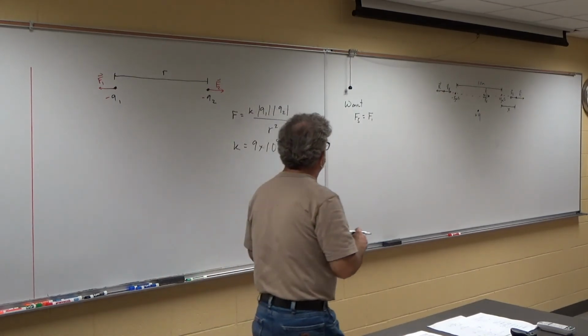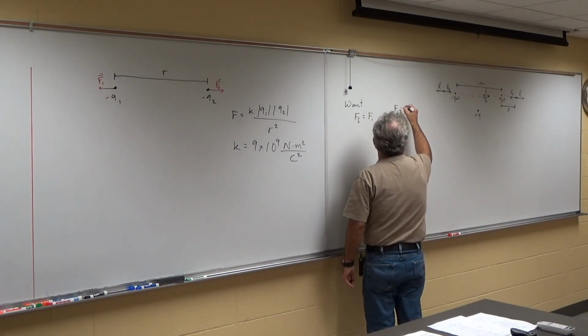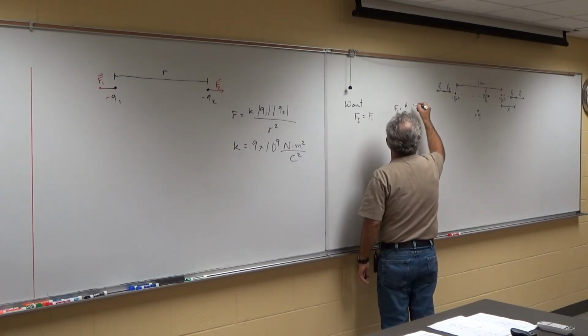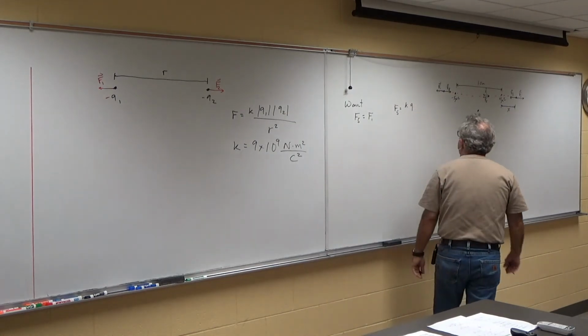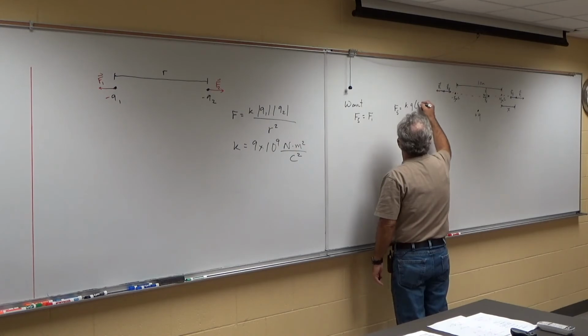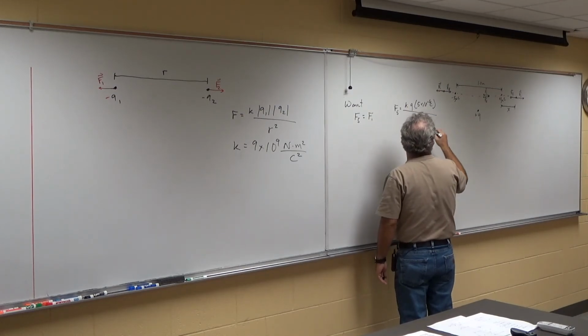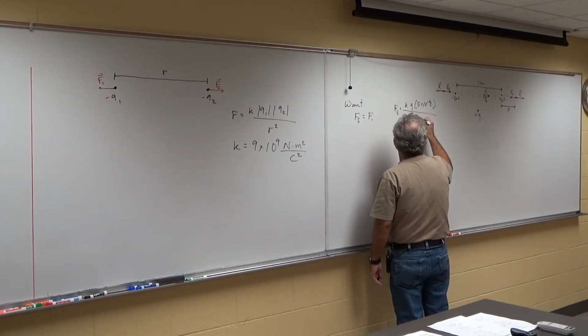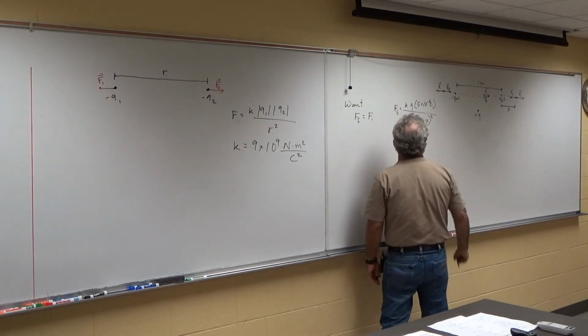So let me write down the magnitude for F5. F5 is equal to kQ, where Q is just some arbitrary positive charge, times 5 times 10 to the negative 6 coulombs, divided by 1 meter plus x quantity squared.